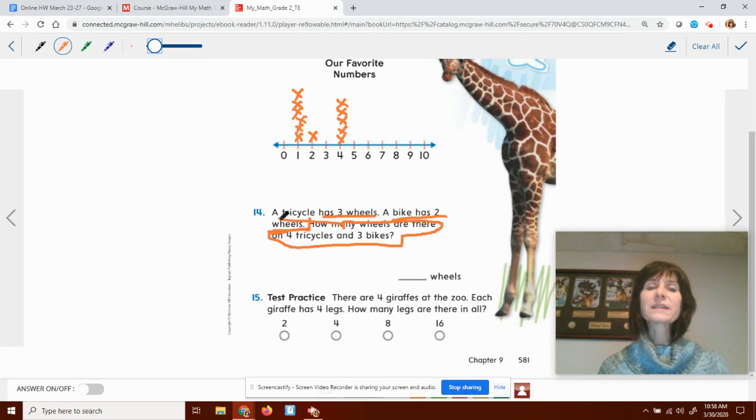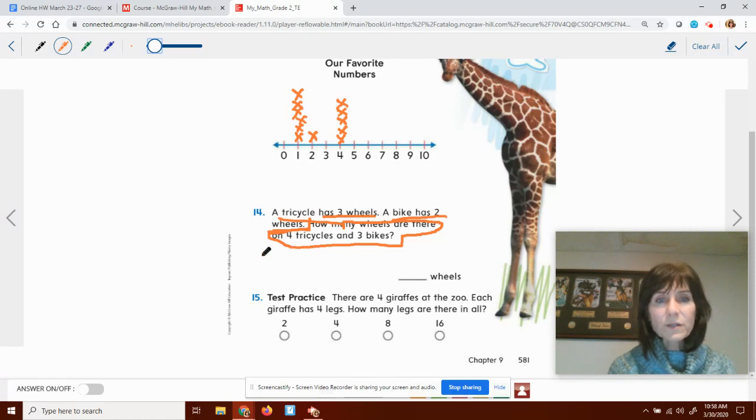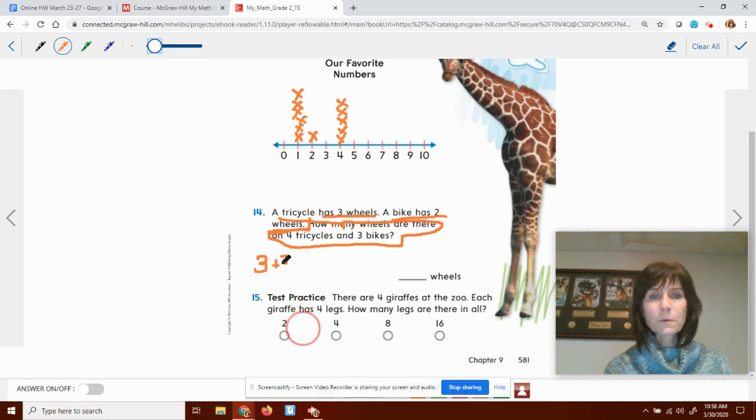Well, this isn't hard because I am going to use a model. So here's a tricycle. My first tricycle, the problem says I have 4 tricycles. Okay, 4 tricycles. A tricycle has 3 wheels. 1, 2, that's my second tricycle.